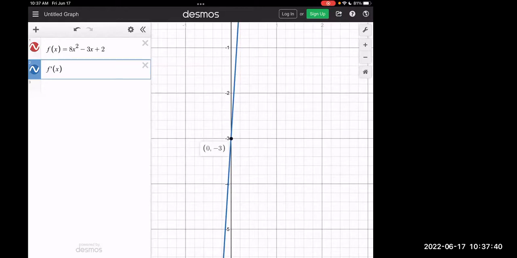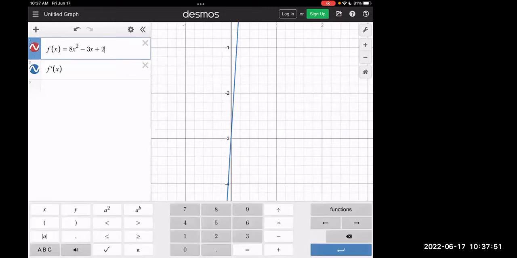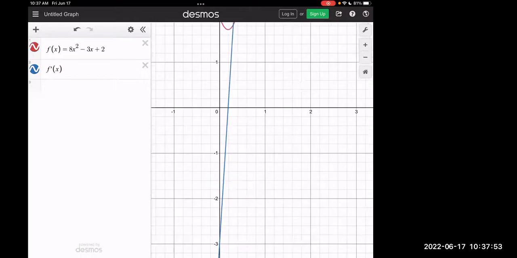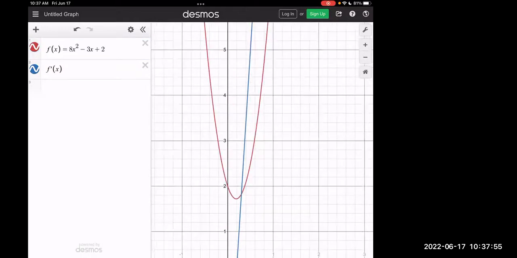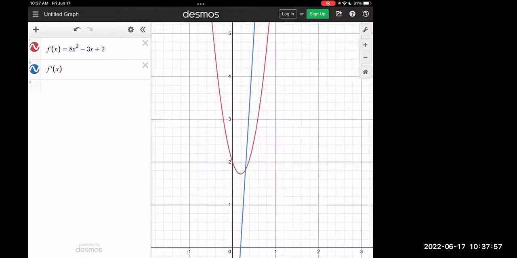So that's one way. It's a little bit of a different way than just the TI. On the TI, as you trace and enter a value on your original curve, the red one, it'll just tell you what the derivative is. So it's a little bit different idea, but pretty fun.